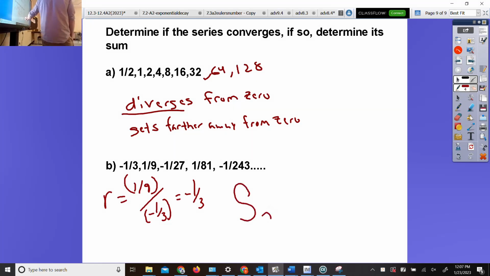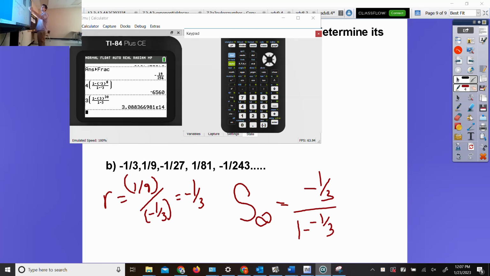You're going to find the sum of an infinite number of things. What's the first term? Negative 1/3, sitting pretty over 1 minus negative 1/3. That math key, I don't expect y'all know how to do that in your head.